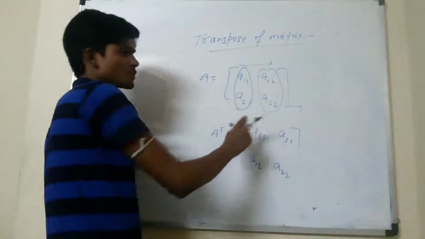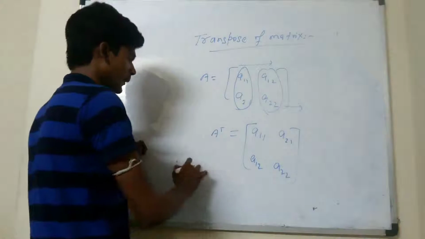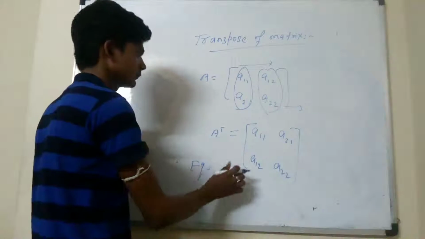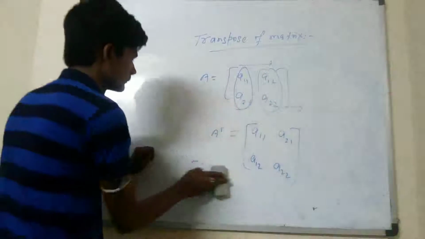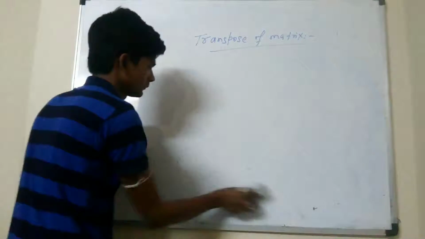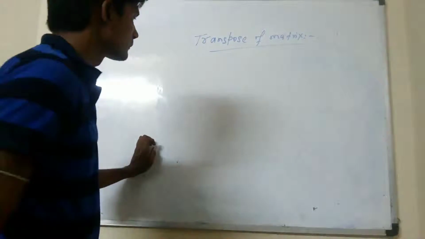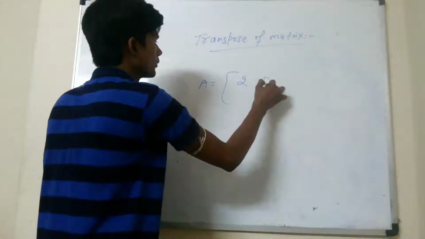Just as an example, A equals 2, 3, 4, 5 is a matrix.